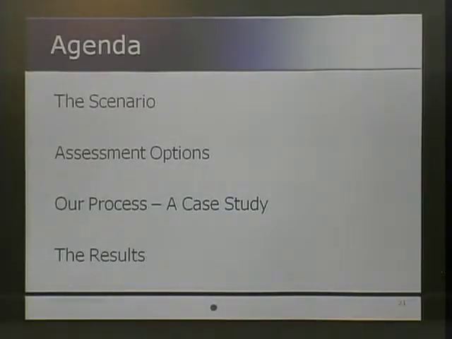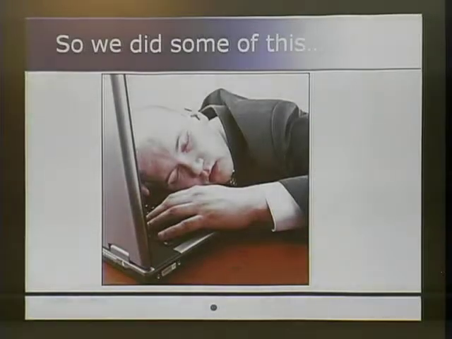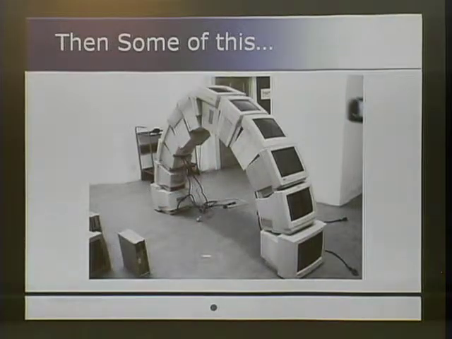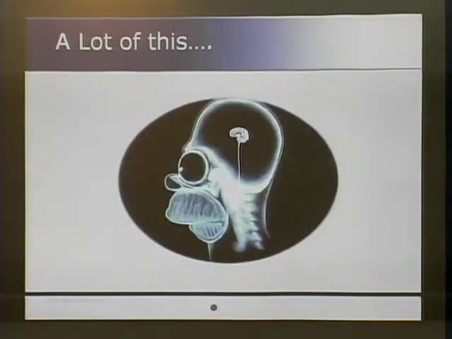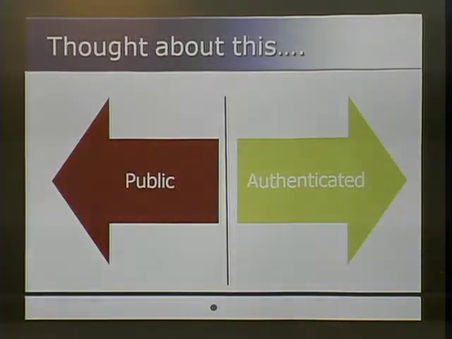Okay, so what did we do? Well, we did a lot of thinking, a lot of brainstorming. We just had no idea. There was a time when we spent a good few days trying to figure out what was going on. A lot of frustration. But we put our heads together, and we came up with what we thought was a pretty good solution.